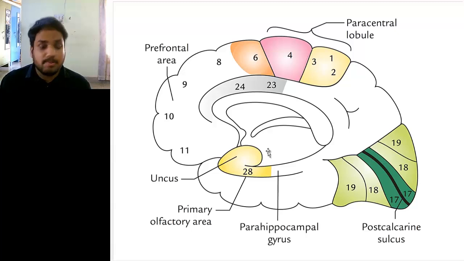There will be hypersexuality, that is increased sex drive, and visual agnosia, that is the inability to recognize familiar objects or people. Also, in case of lesion of the visual radiations in the temporal lobe, there will be contralateral upper quadrantanopia. We will see this when we deal with the visual pathway.